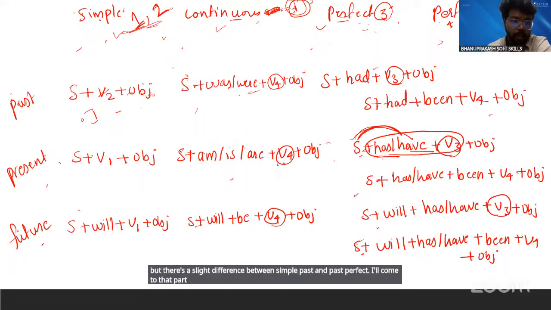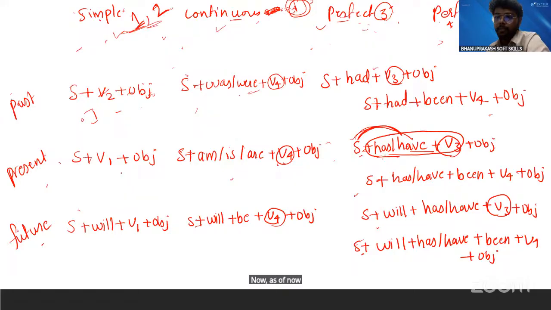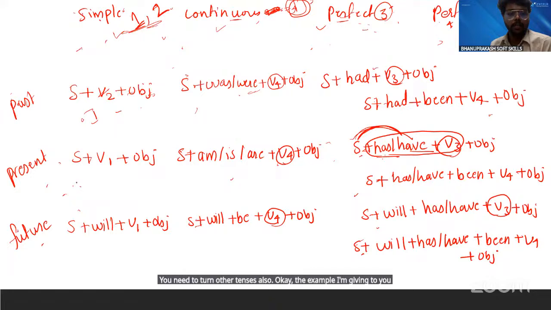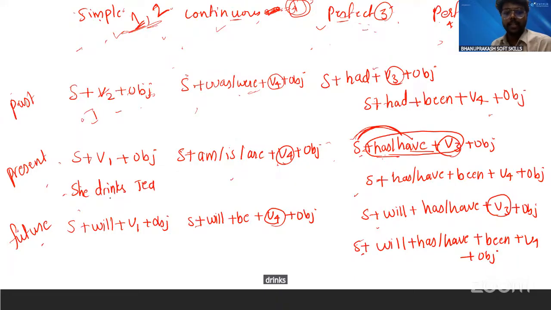As of now, I'm giving you one example. Based on this, you need to turn it into the other tenses also. The example: she drinks tea. This is the simple present. How do we identify the tense here? She is the subject.